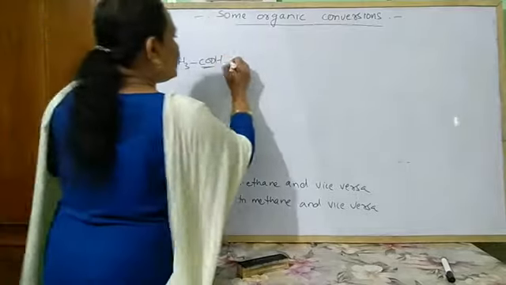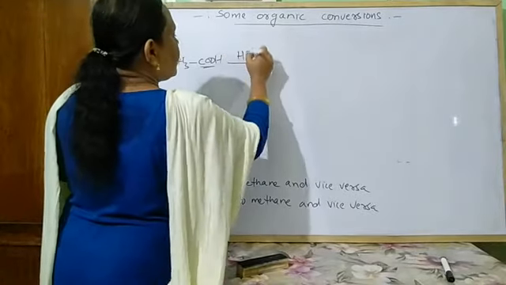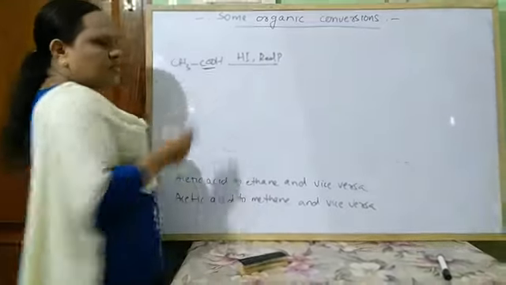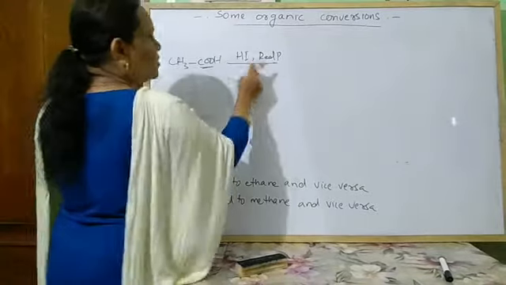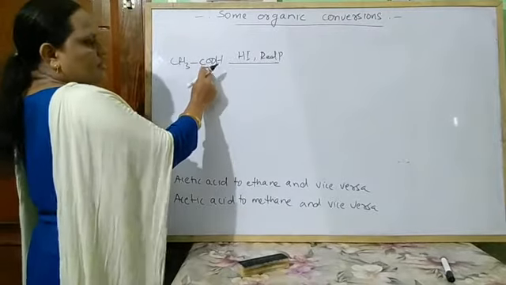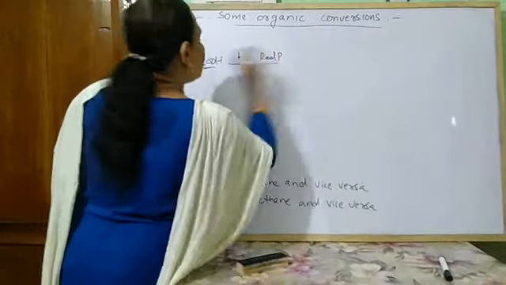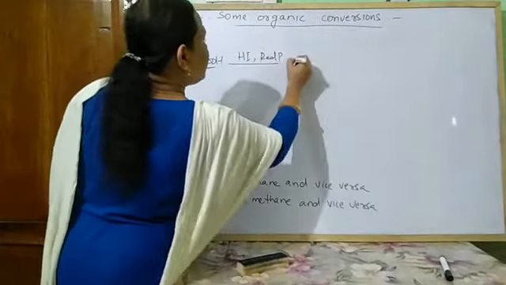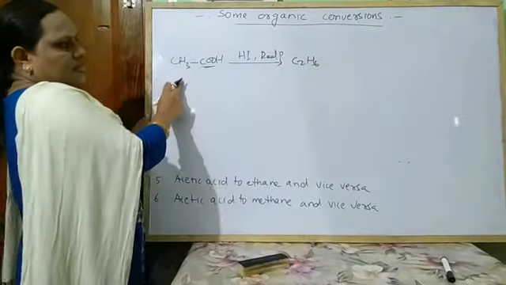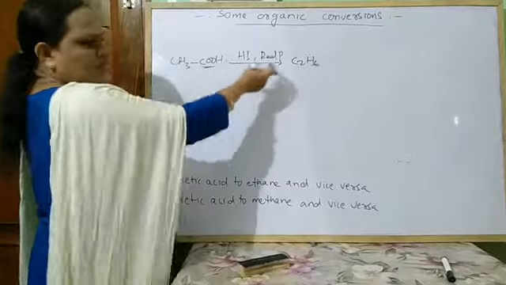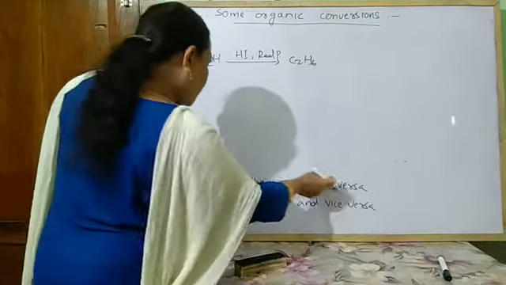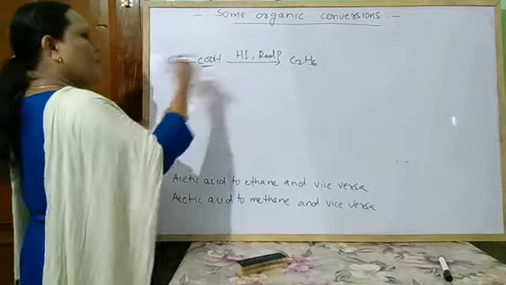But if you use HI in presence of red phosphorus, this is the strongest reducing agent. So this strong reducing agent reduces carboxylic acid to CH3 group. So this is directly reduced to ethane, carboxylic acid to ethane, CH3CH3, or I can write C2H6. Then ethane to acetic acid. So how will we convert?